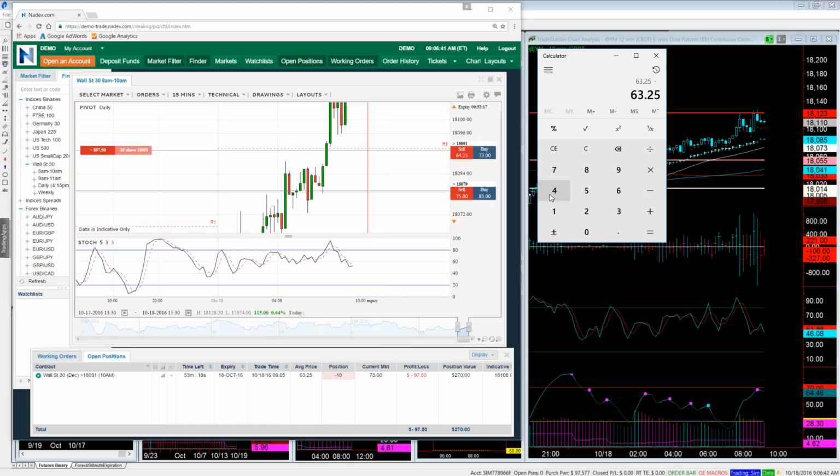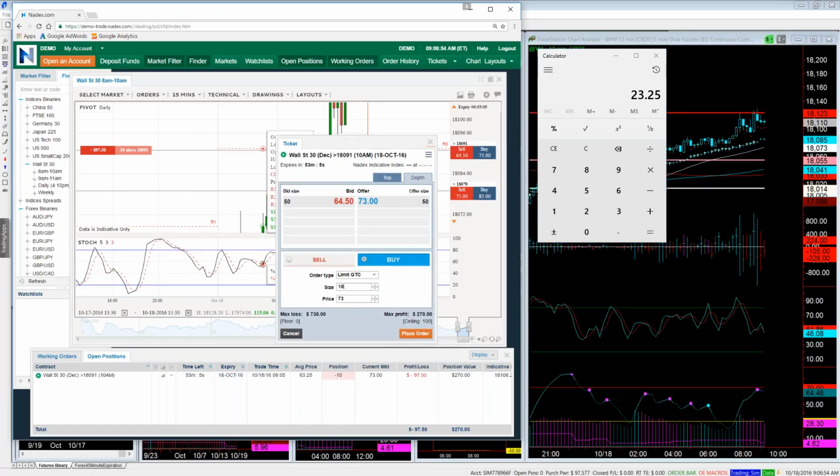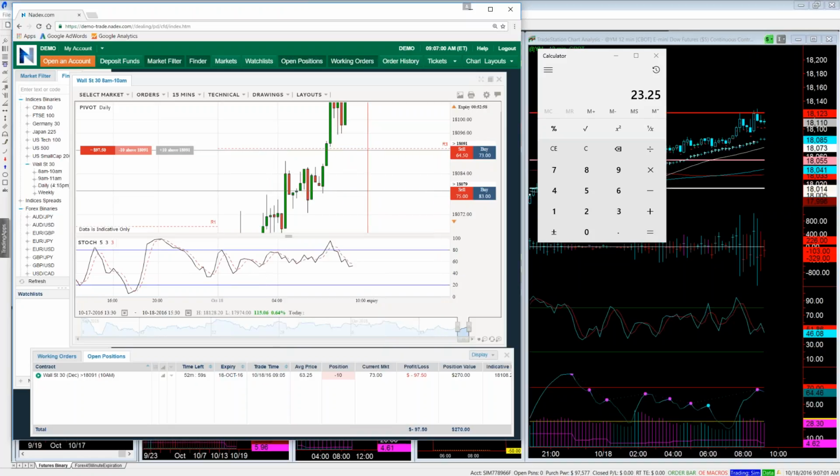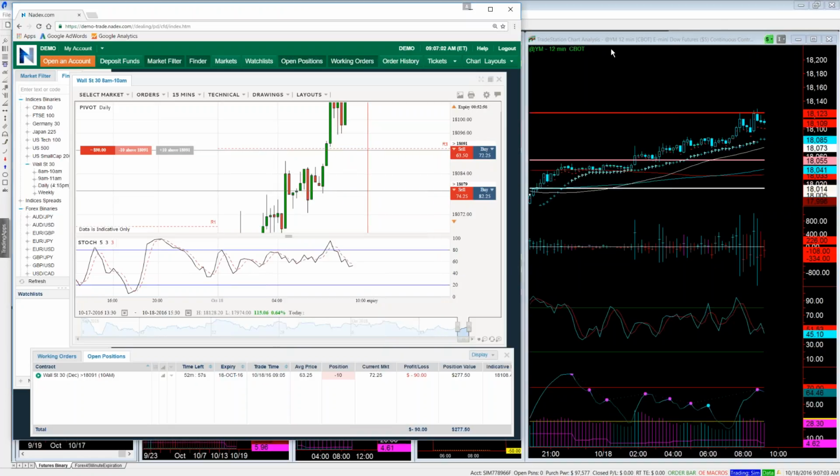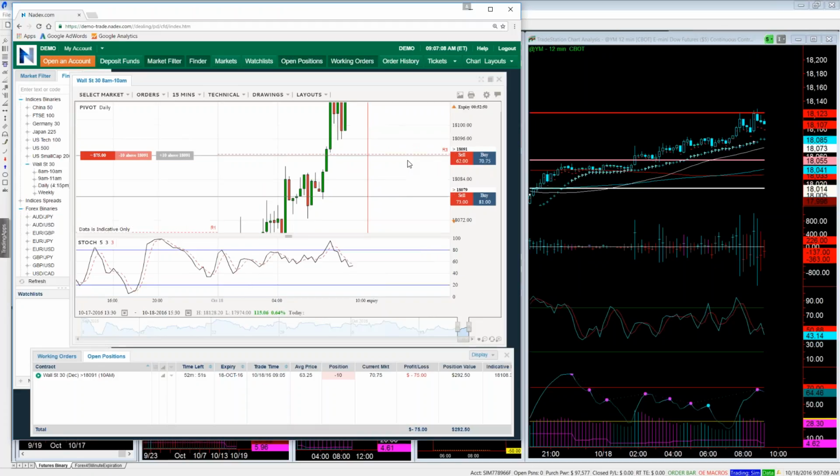If you minus 40 from that, which covers the cost of the trade, your profit target would be $23.25, or 23 even. You can actually just set a profit target at 23. That guarantees 100% return on investment. Does everybody understand that?